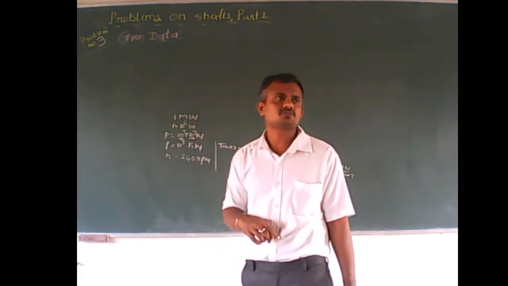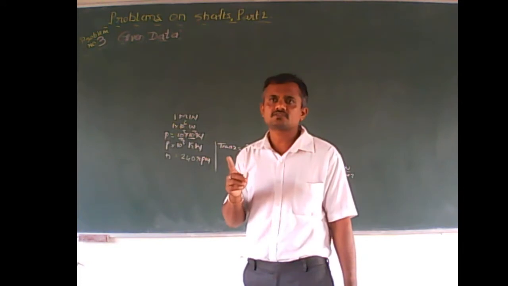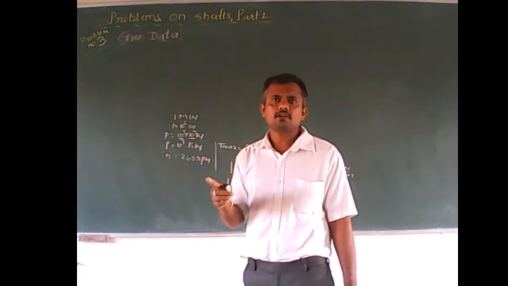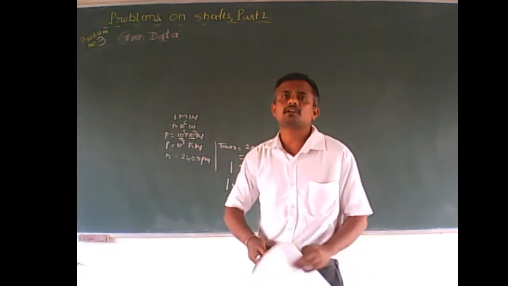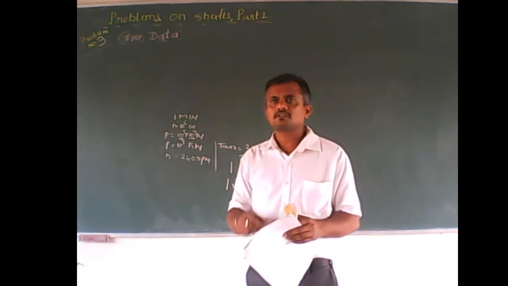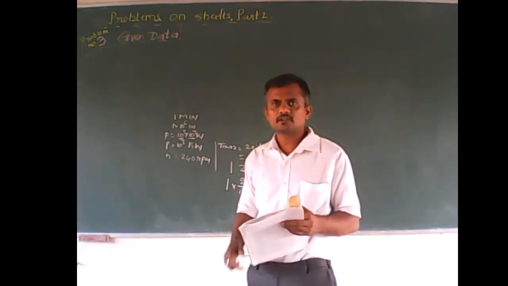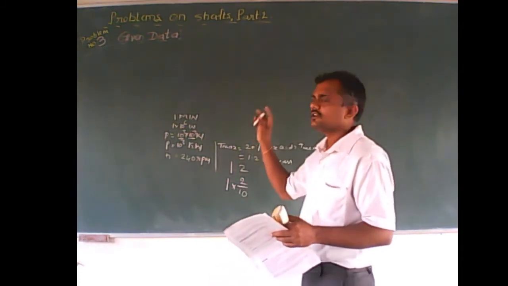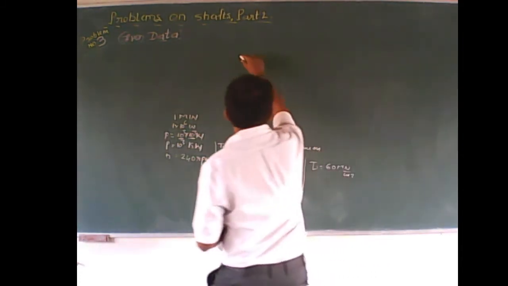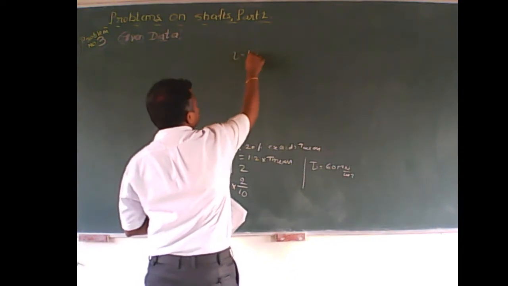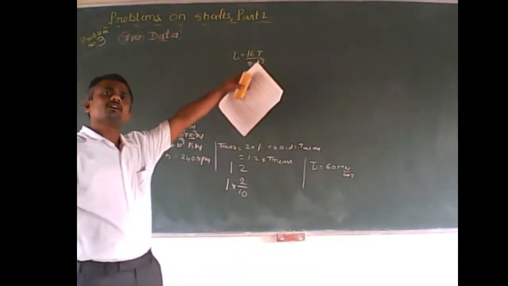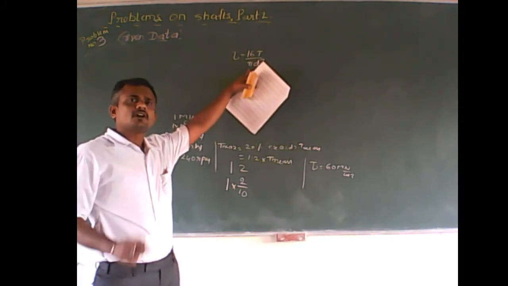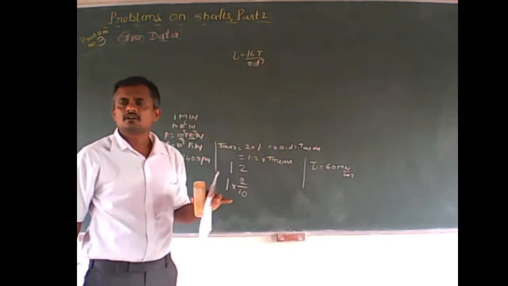That is the equation we use: T = 9.55 into 10 raised to 6 into P upon N, which I think is equation 3.1a or 3.1b. Then directly use the equation tau = 16T upon pi d cube, where the diameter is what we ultimately have to calculate. Now we check which data are given.